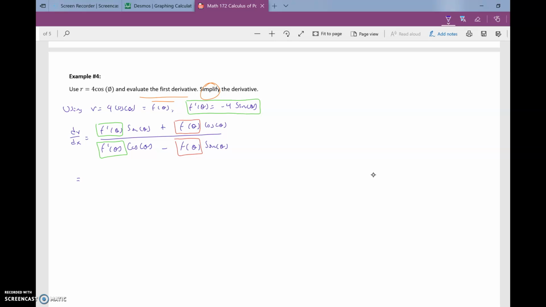So you're gonna end up with, well, a negative 4 sine of theta times another sine of theta, plus 4 cosine of theta times a cosine of theta on the top. At the bottom, a negative 4 sine of theta cosine of theta, minus a 4 cosine of theta, and then we already have a sine of theta.